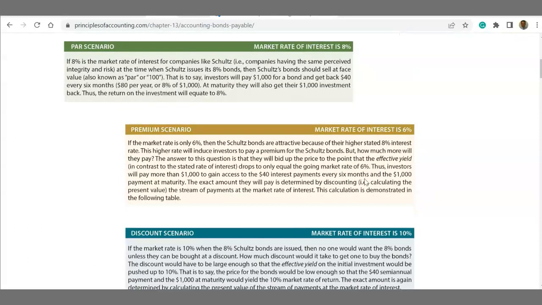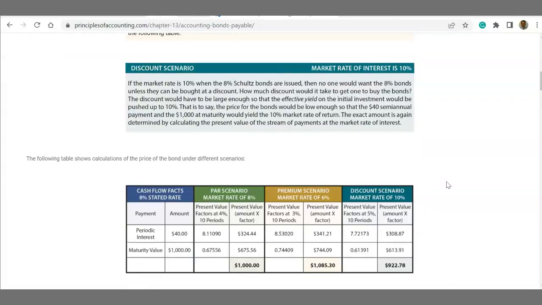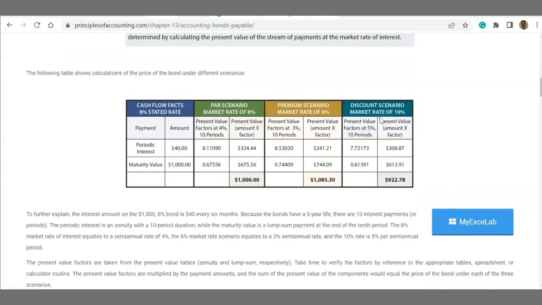So in order to understand it, we go with this first, and then I will show you an Excel that I just prepared to give you a better idea. Okay, so this bond has an interest rate of 8%. 8% every 6 months is 4%. 4% of $1,000 is $40.